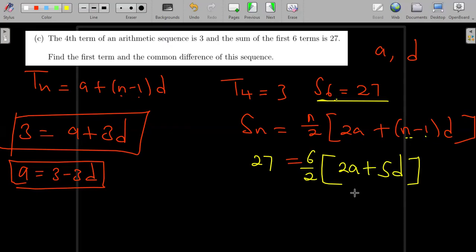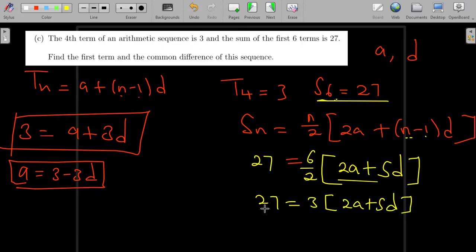And then from here, what can I do? I'm going to say, let's write 27 is equal to, and then we can multiply this 6 over 2 with whatever we have. Before you even multiply, let's do this. So this one is 27, right? And this one, 6 over 2, is just 3. And then I have 2a plus 5d.